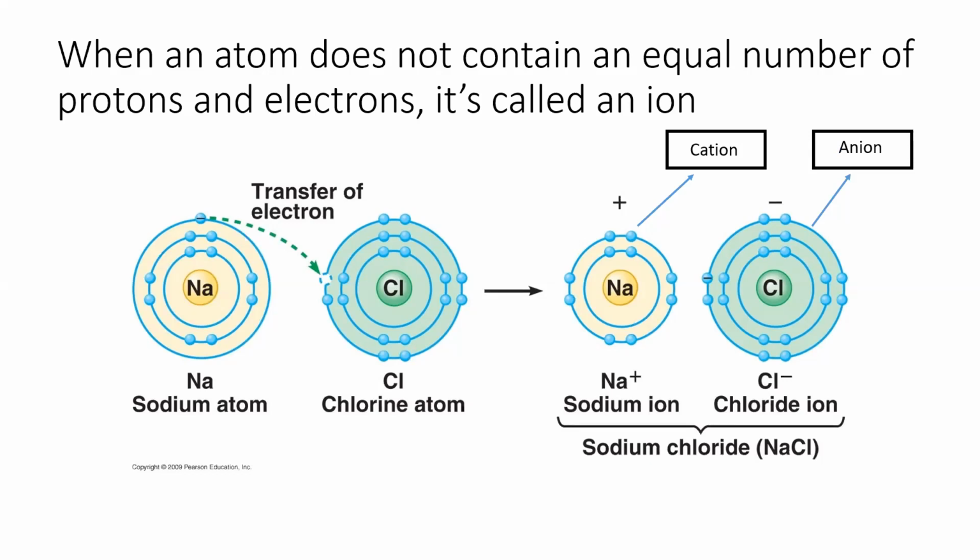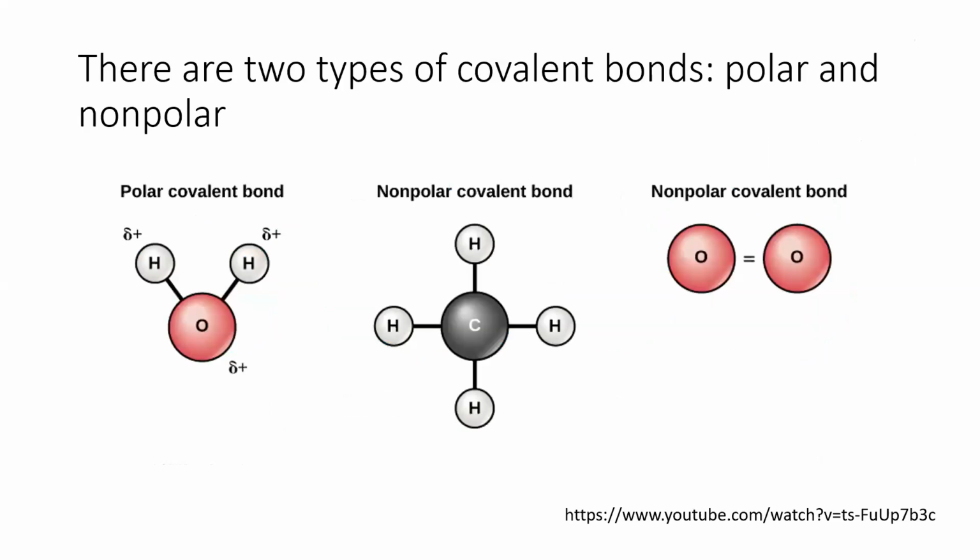All right, so now we're going to divide our covalent bonds into something more. I did say earlier that covalent bonds are when electrons are shared between atoms, right? But you can actually divide covalent bonds into 2 different types. You can have a polar bond and nonpolar. So there are those words again.